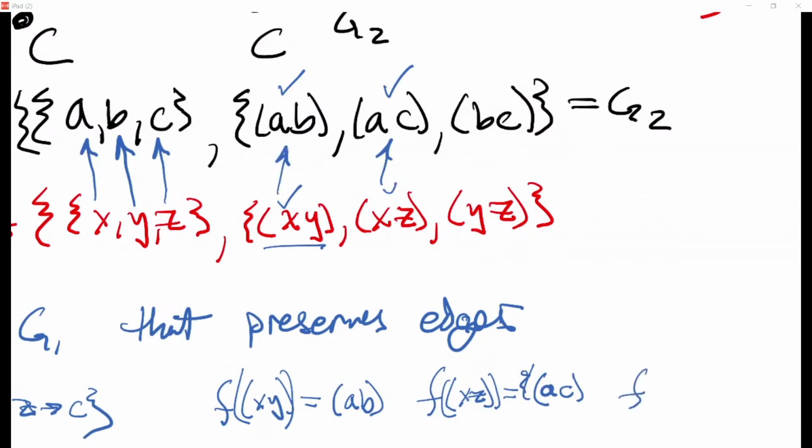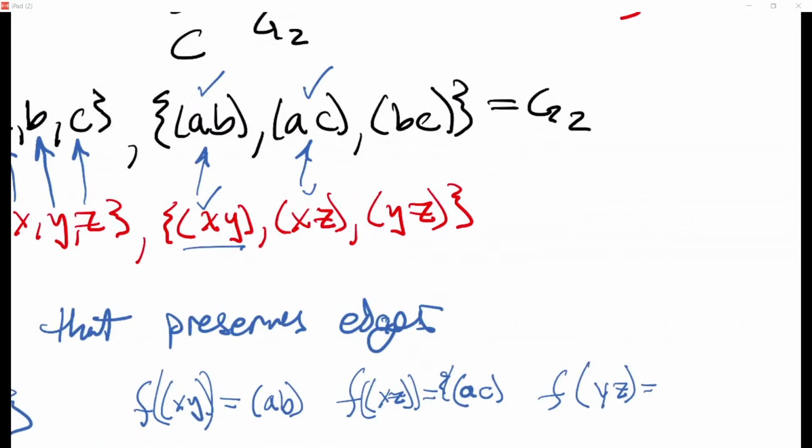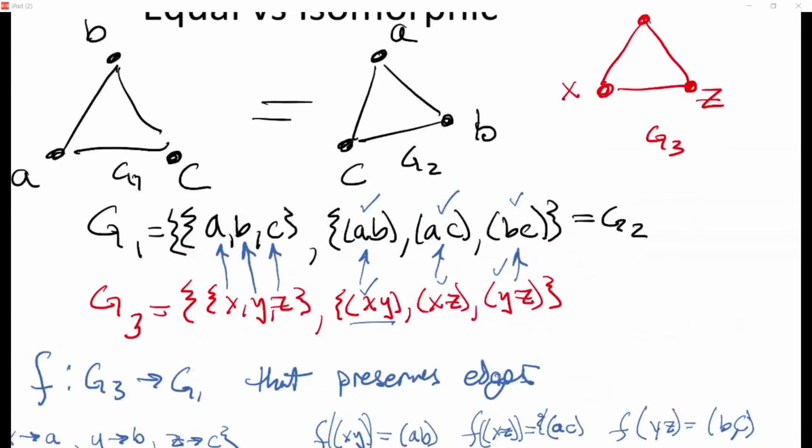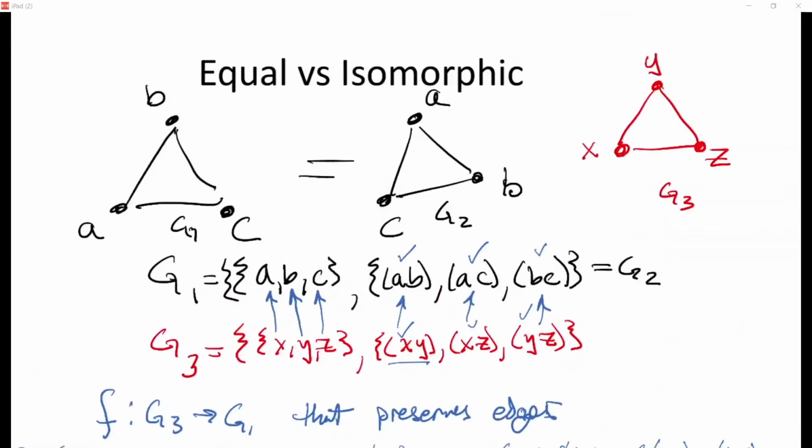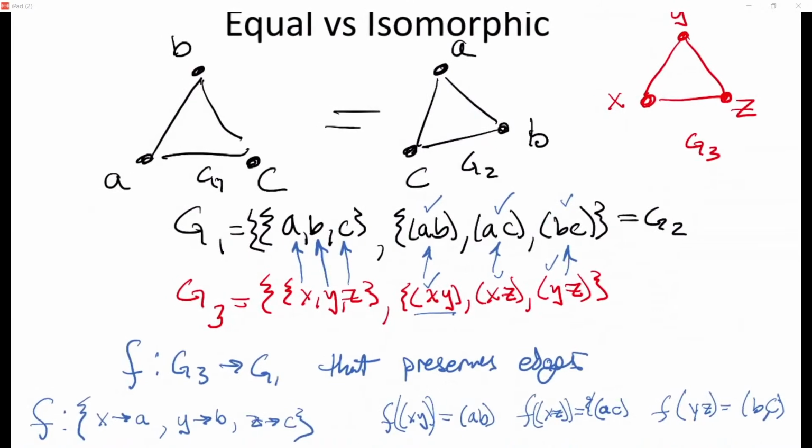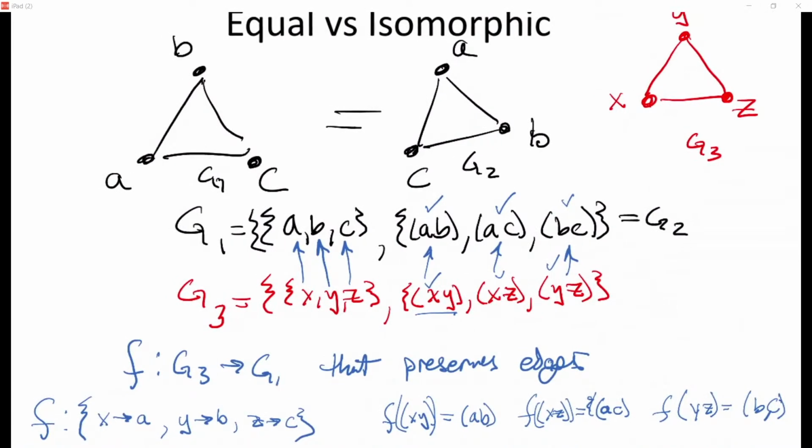And then one more, F of YZ is BC. So that one works out. So that's what it means to preserve the edges. The edges are still there. They're the same edges.